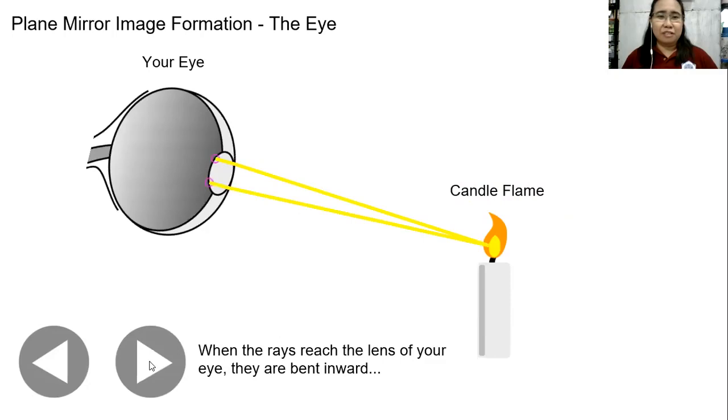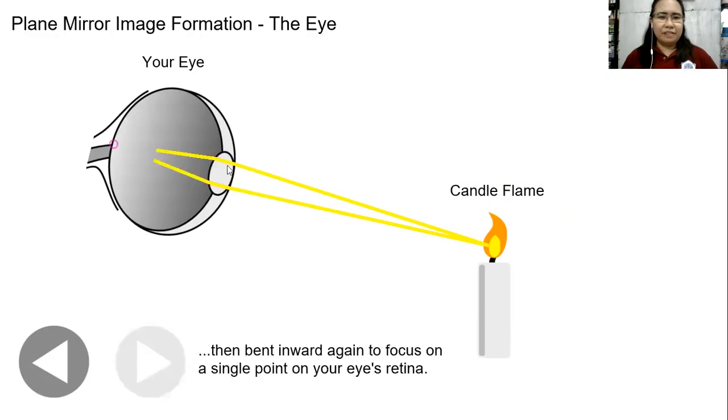And as it reaches the lens of our eyes, they are bent inward. Papunta na dito. And they will be bent once again and didiretso na doon sa retina natin. So, doon na na-form yung makikita nating image nitong candle.